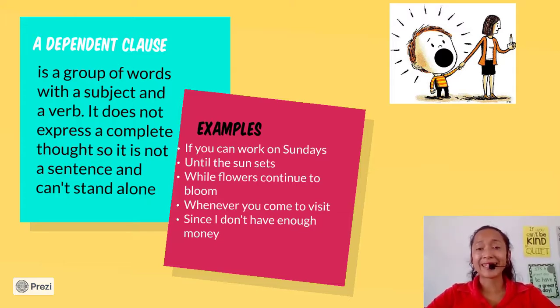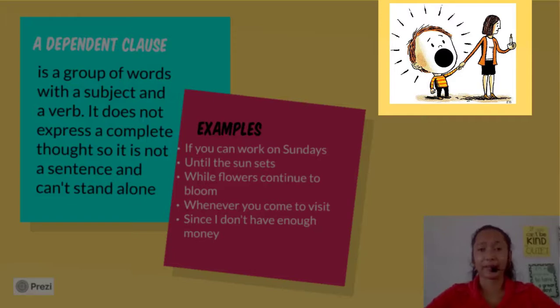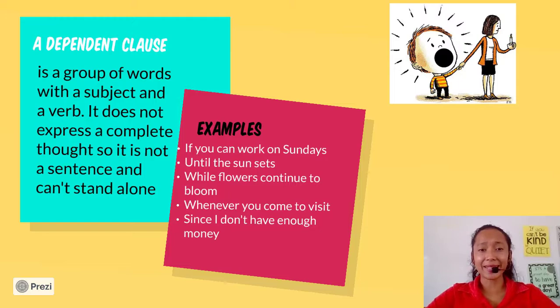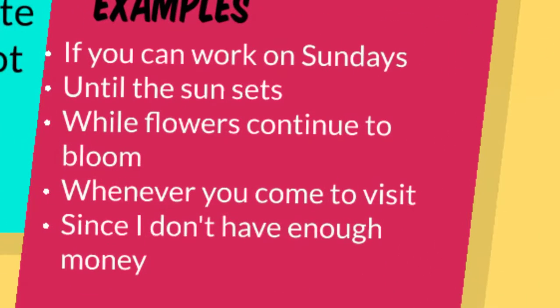So a dependent clause is dependent, like the word suggests, much like a child, right? So think of a dependent clause as a child, one that cannot survive on its own. The examples read, if you can work on Sunday. Is there a subject? Yes, you.